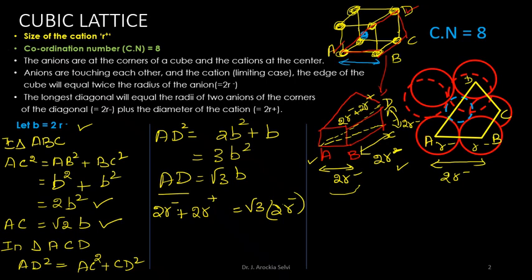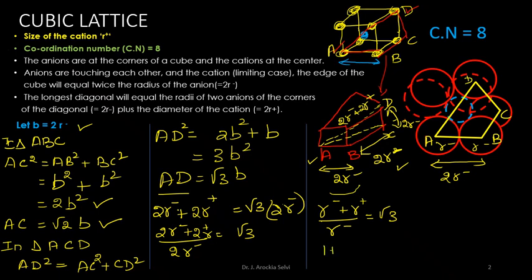Now you just simplify, 2r minus plus 2r plus divided by 2r minus, that is equal to root 3. Then 2 will be removed, then you get r minus plus r plus divided by r minus, that is equal to root 3.